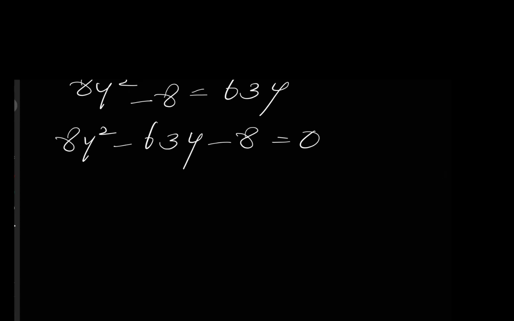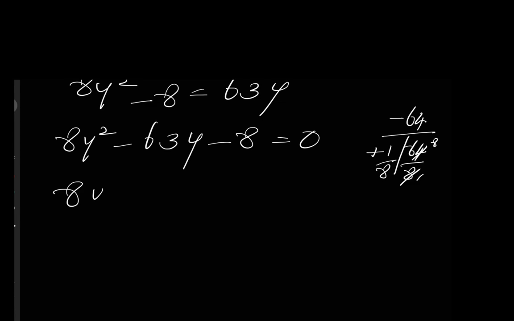Actually, you multiply this coefficient of y squared with the constant. 8 8s are 64, minus 64. Difference is minus 63. So minus 64 plus 1. So divide both the sides by 8. So 1 8s are 8. 8 8s are 64.